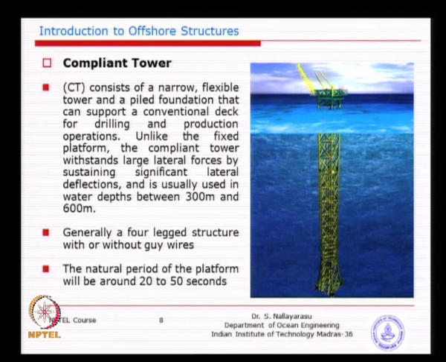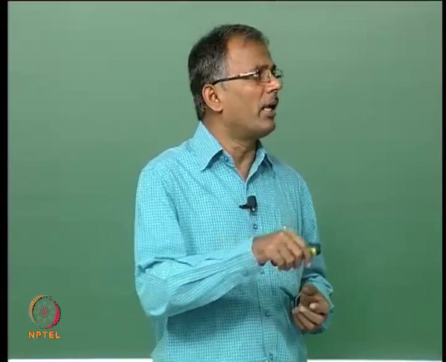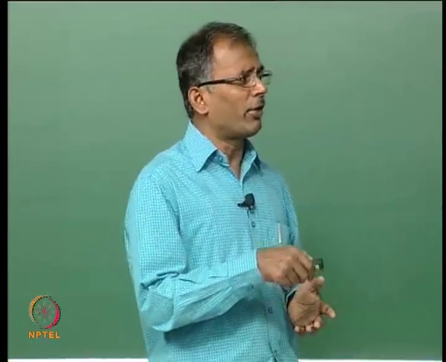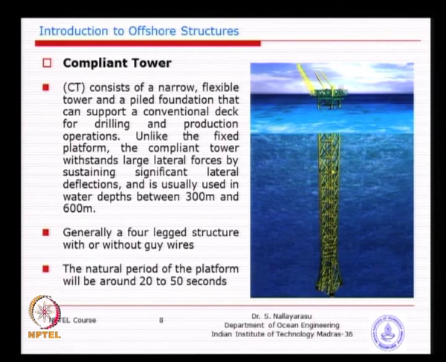Sometimes we have guy wires fixed to the ground, but that concept has not been utilized so far in the real field, except in very few locations, because of the vulnerability of the cable to break. If the cable breaks, what happens? The system becomes unstable, and that is why very few guyed towers have been used.